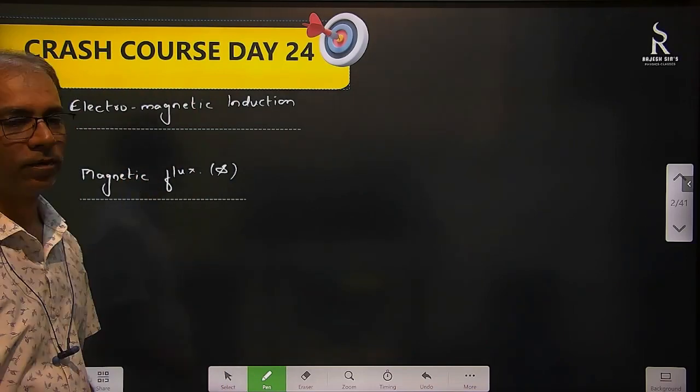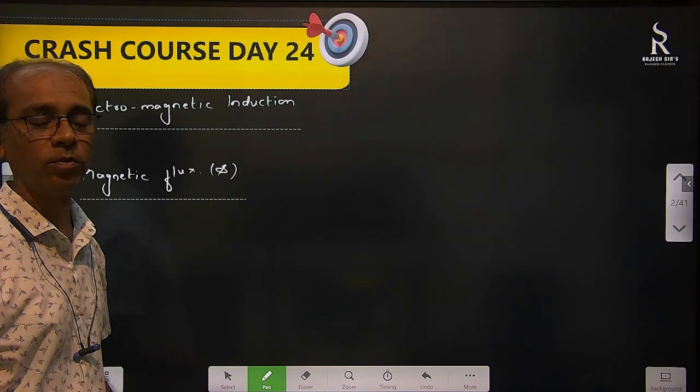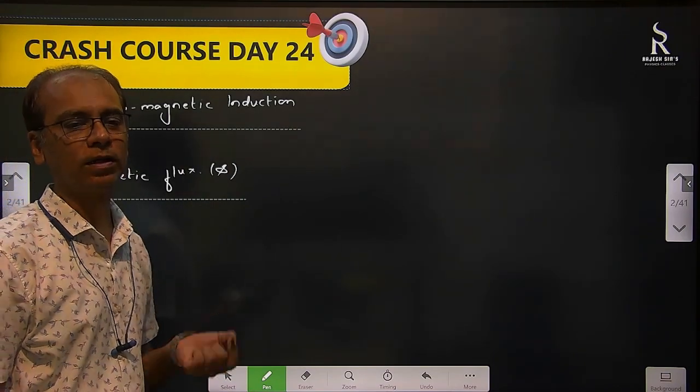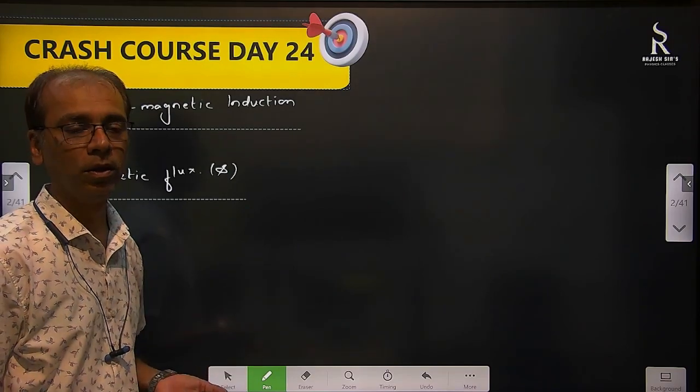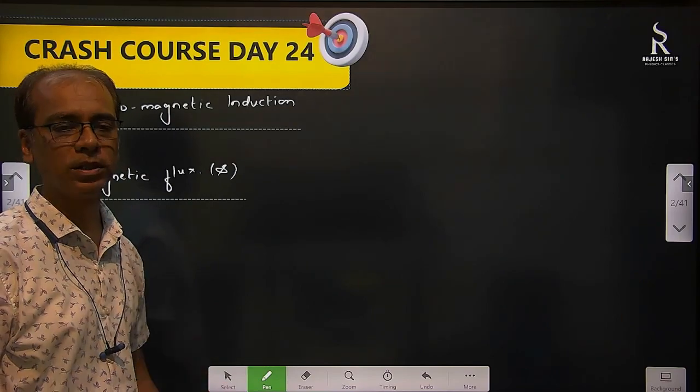We start with magnetic flux. Magnetic flux is very similar to what electric flux was. What was electric flux? Electric flux was the dot product of electric field strength and area vector, or the number of electric lines that are passing through unit area. We call them electric flux.